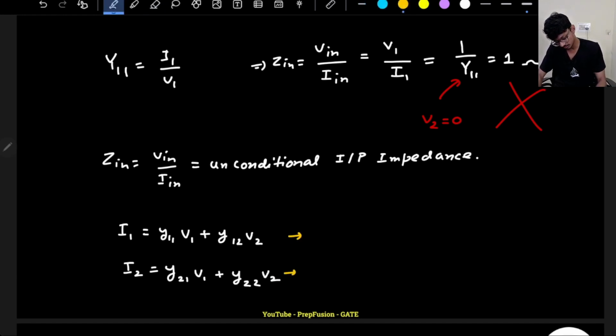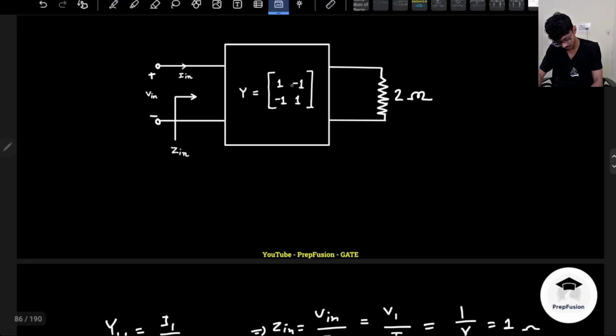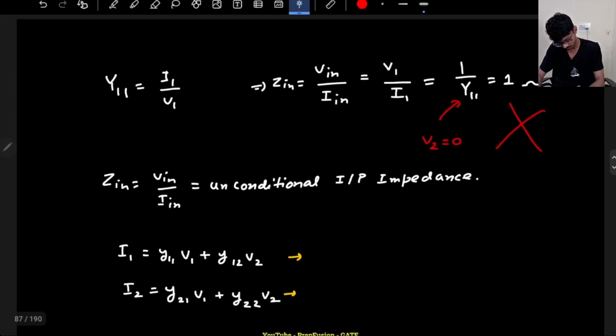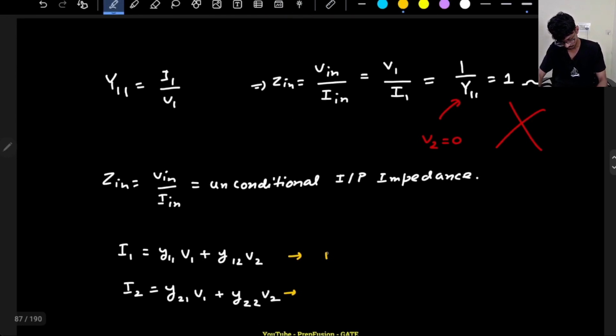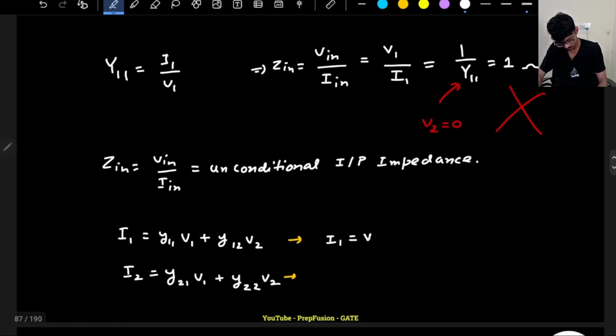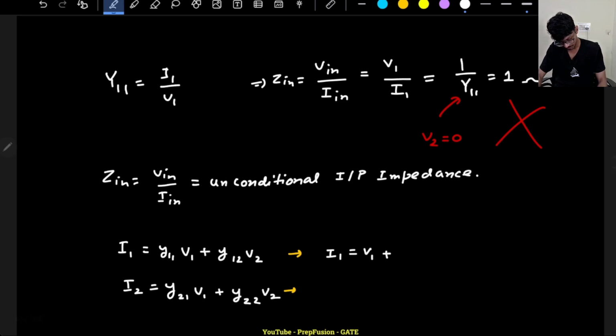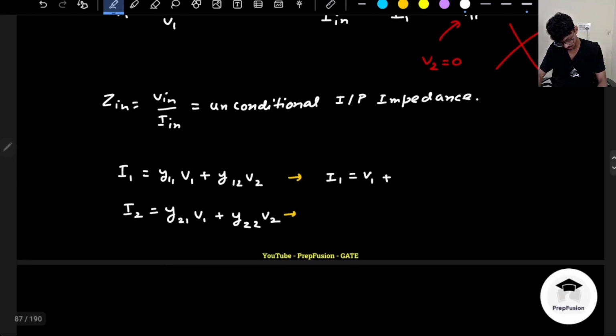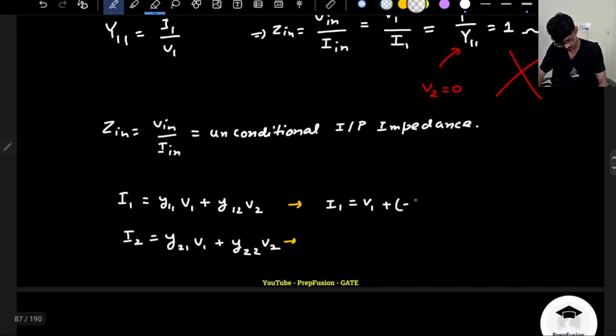The Y parameters are already given to me: 1, minus 1, minus 1, 1. So Y11 is 1, that is V1, plus Y12 is minus 1, so this will be minus V2.